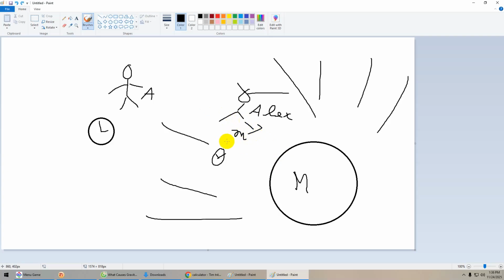So if Alex is falling like this, then according to the fluid analogy, the river model, he should be standing still with respect to the flow. This means, according to the Lorentz equation, this v must be 0.